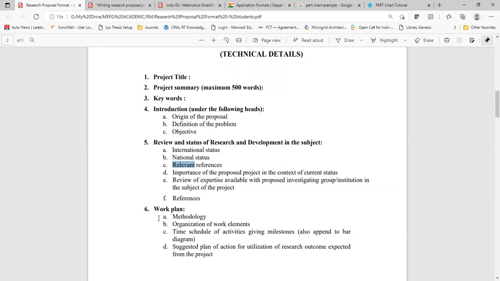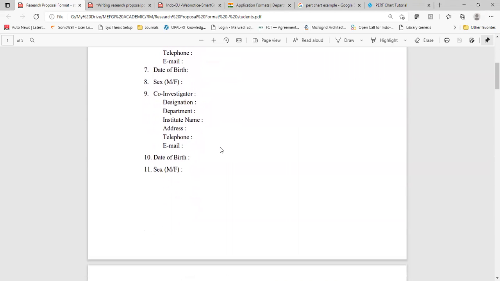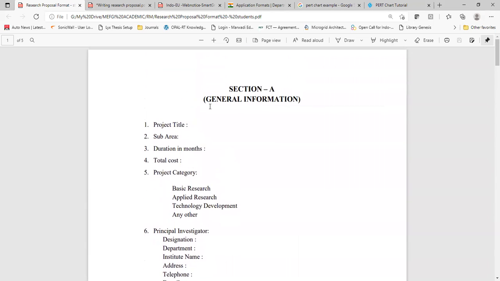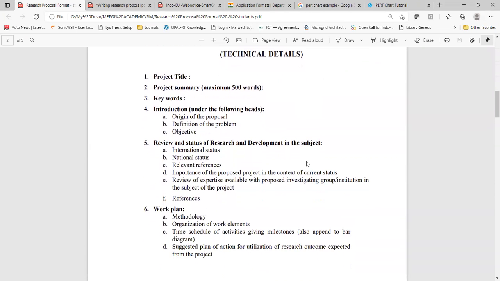See, on the last day, sorry, this is the general information, this document. I have already shared this document and it is there in your assignment. So you don't need to do anything in the section A, but you need to write.